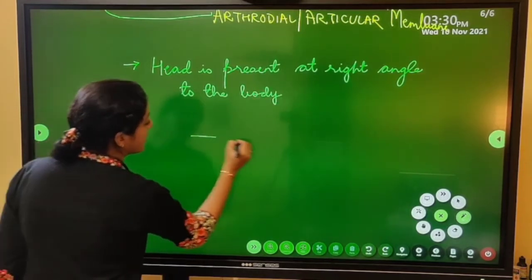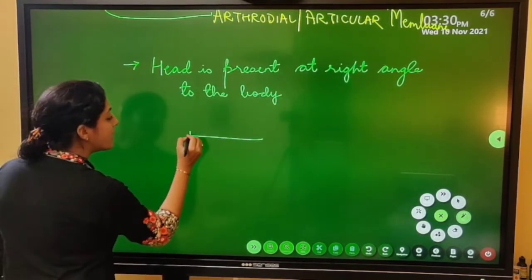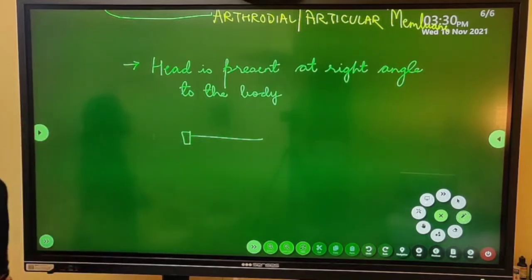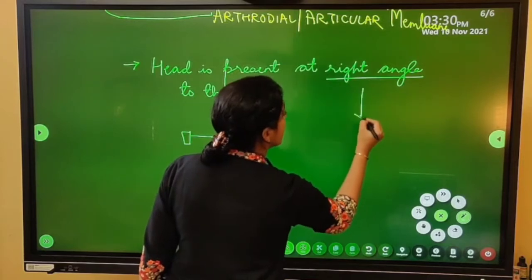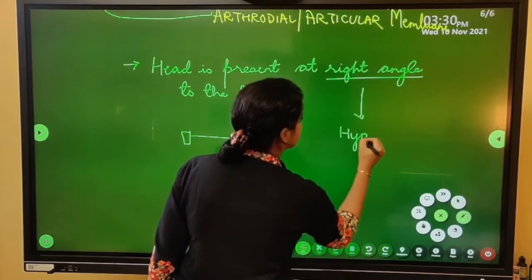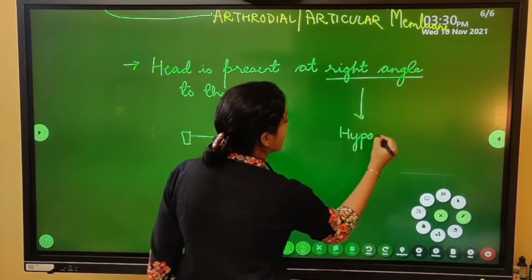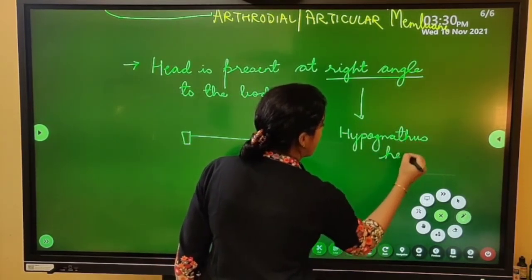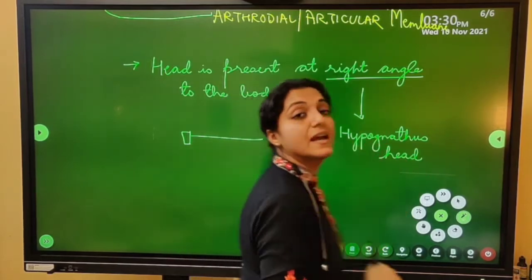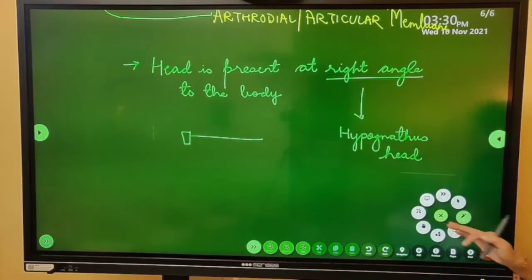So अगर ये body है, तो body को ऐसे right angles पे head present रहेगा. Such a head which is present at right angle to the body is called hypognathous head. This is an MCQ. Hypognathous head means it is present at right angles to the body.